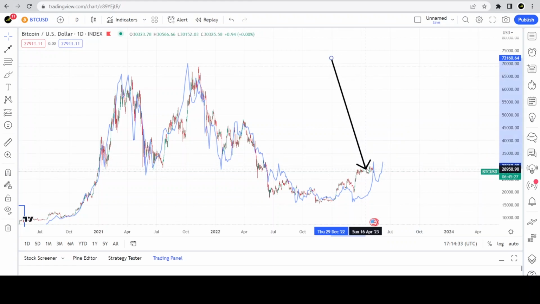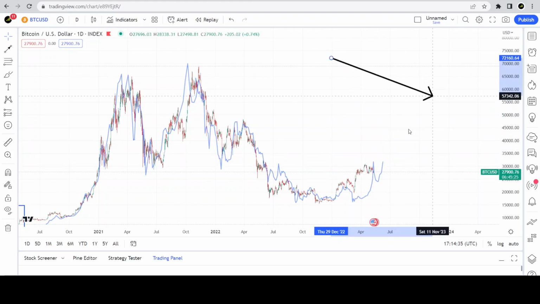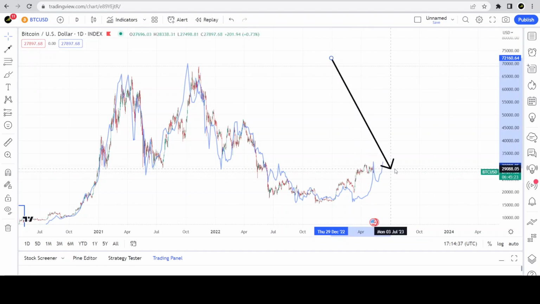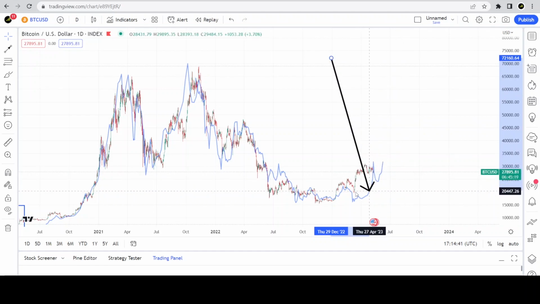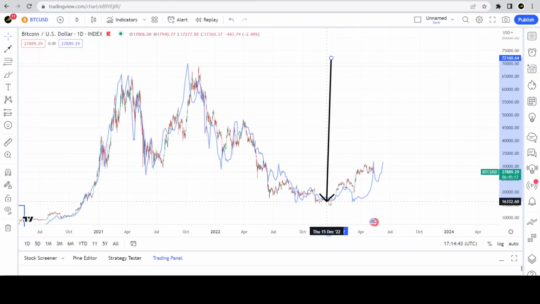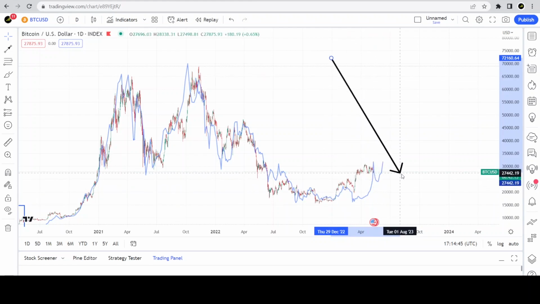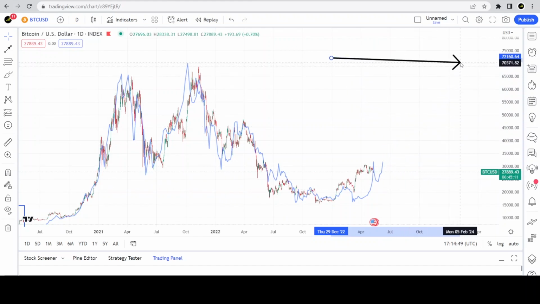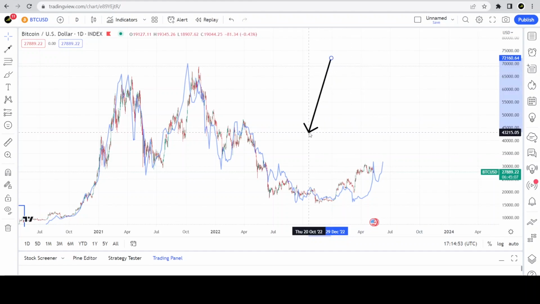We should expect it to go sideways and move up, or sideways and or down. It shouldn't go below this low, but there is that possibility, that potential for it to move down before moving up into the next phase of the Bitcoin bull run.